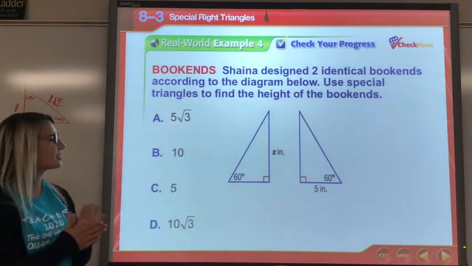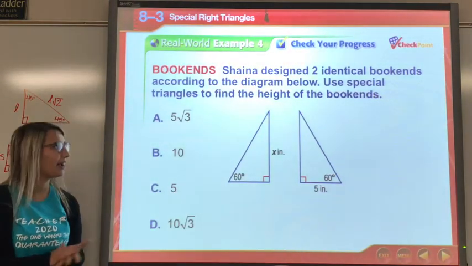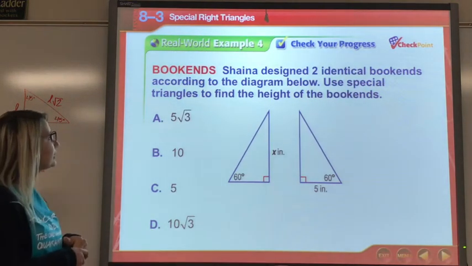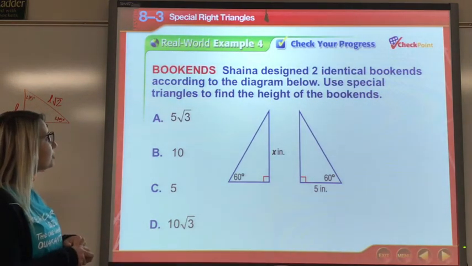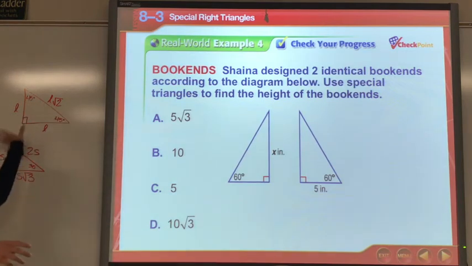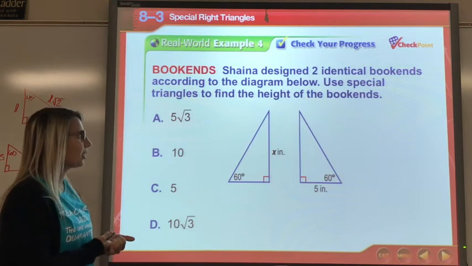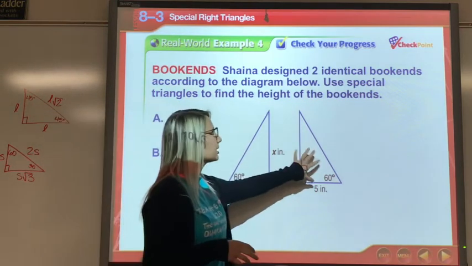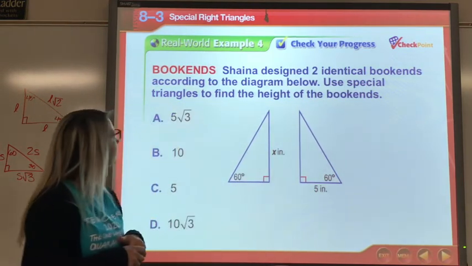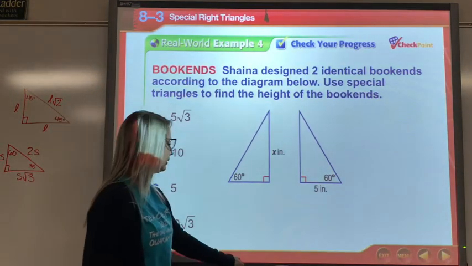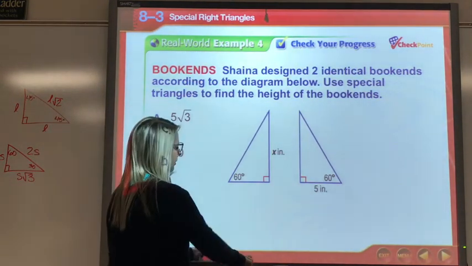Okay, so here's an example for you guys to try. Shayna designed 2 identical bookends according to the diagram below. Use special triangles, these are the special triangles, to find the height of the bookends. Now notice these are identical, so we're dealing with some congruent triangles here.